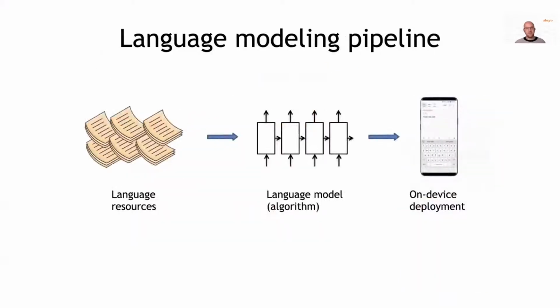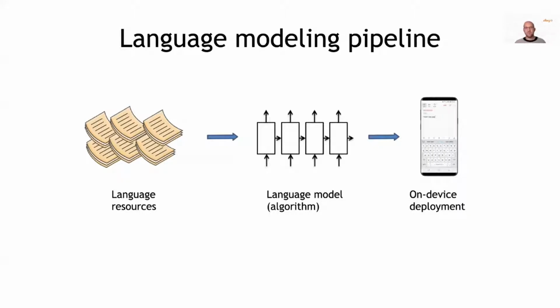Okay, so let's now take a look at what it takes to make a language model for your smart keyboard. And there are essentially 3 steps. First, you need some resources, data. Then you need an algorithm, so your actual language model. You need to choose an algorithm and you need to train it.